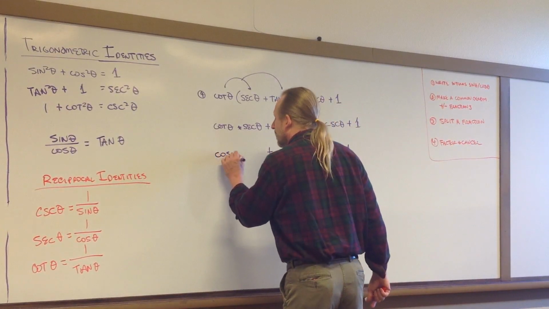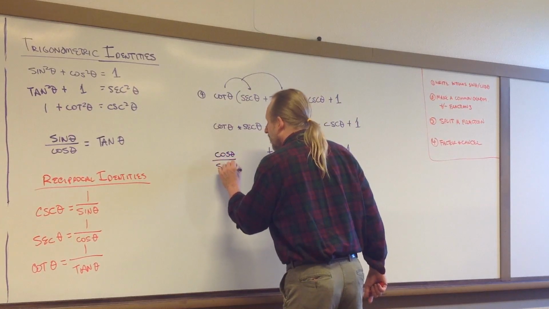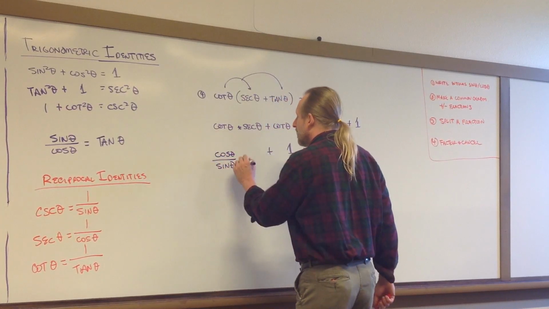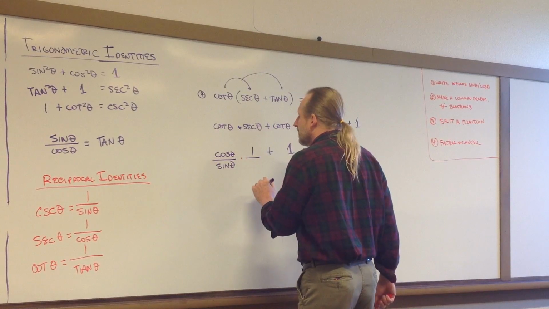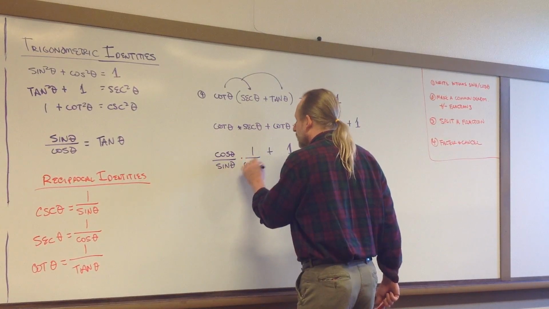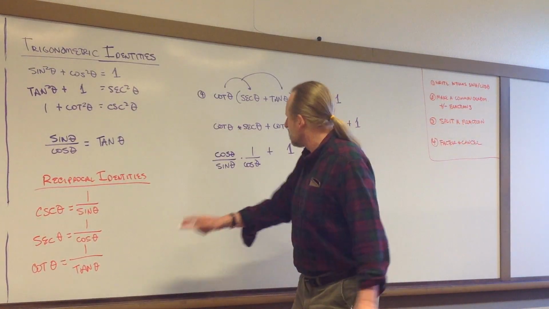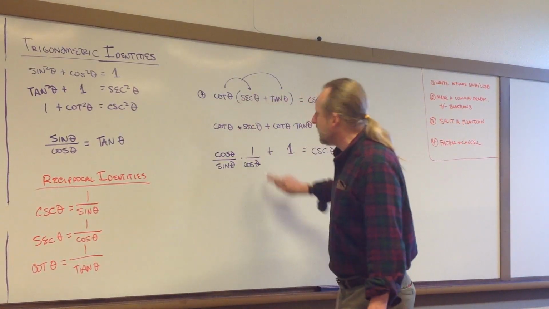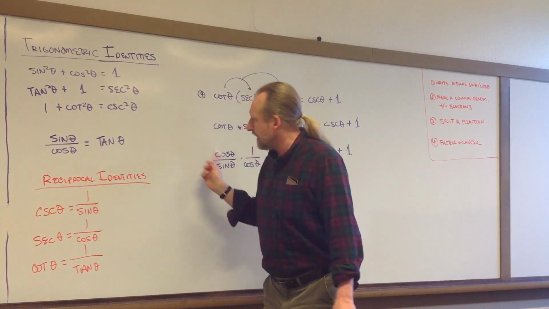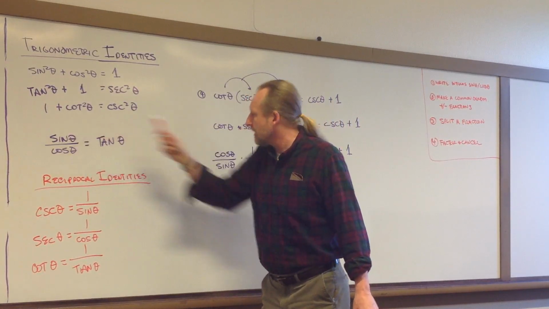I think that's a place where that strategy would be helpful. Cotangent is cosine theta over sine theta, and the secant is 1 over cosine theta. All right, there's the cosecant. Secant, there it is, 1 over cosine theta, and the cotangent, of course, is the reciprocal here, cosine over sine.